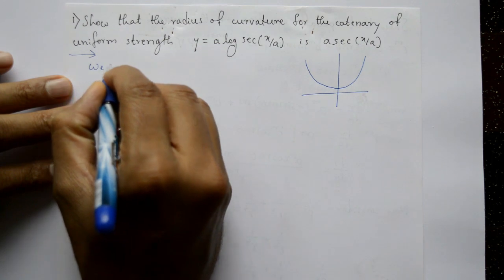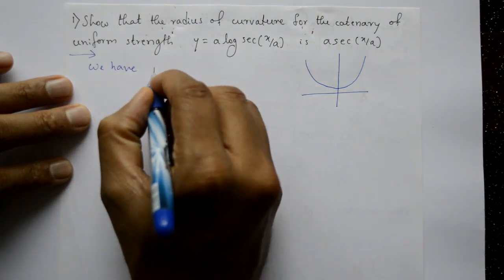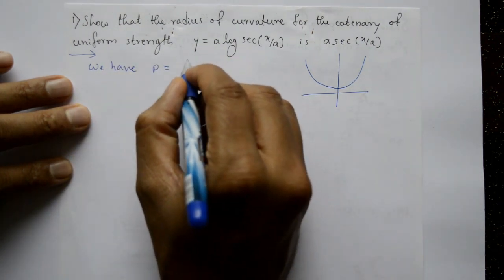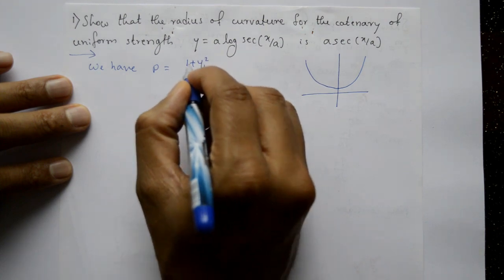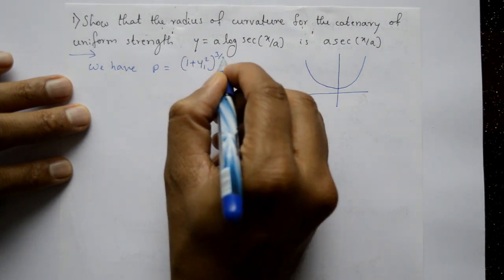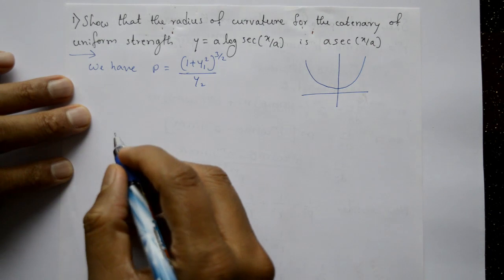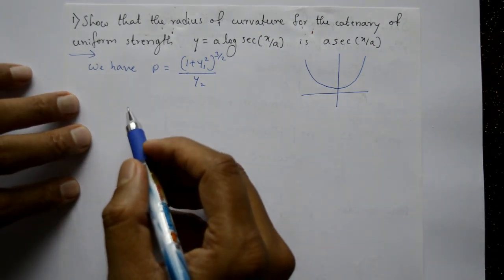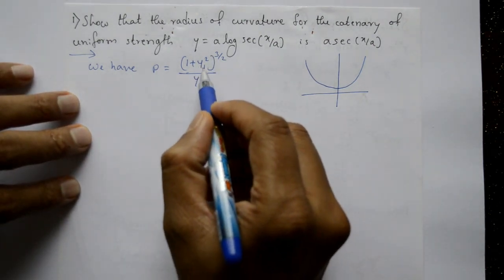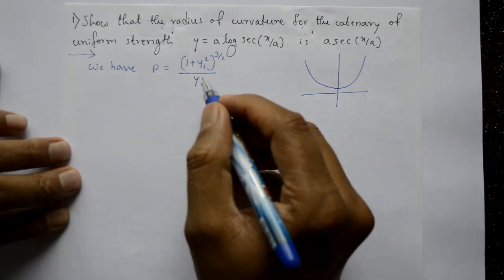The formula is rho = (1 + y1 squared) whole raised to 3/2, divided by y2. This is the radius of curvature in Cartesian form. We require y1 and y2.